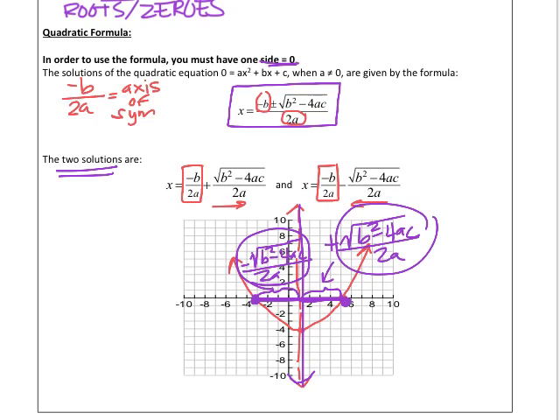And that's basically what we're looking for. We're looking for solutions. We're looking for roots or zeros. All right, and the quadratic formula is going to help us find that in the most simple way. We don't have to do any factoring. We don't have to do any completing the square or using square roots. We just have to simply plug this information in and work our magic.